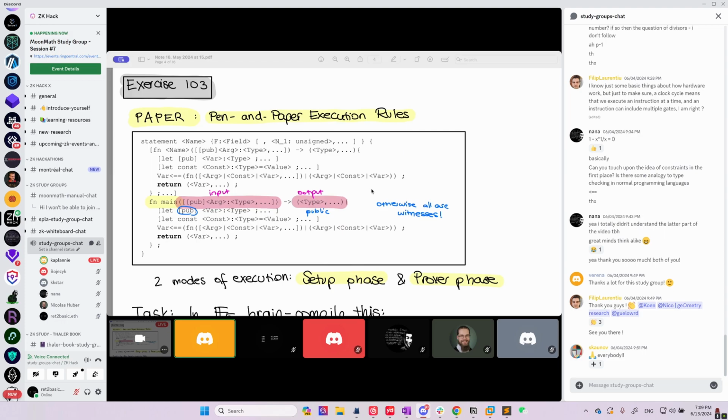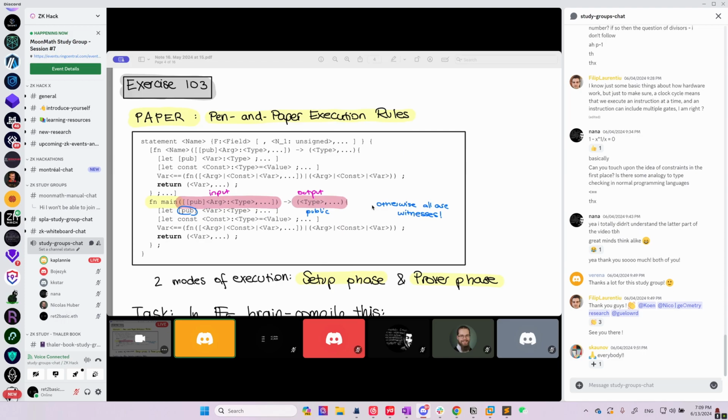What else do I want to say about this? Yeah, you can read about the type conversion. Every argument, constant, or variable has a type, and the function is transforming it.